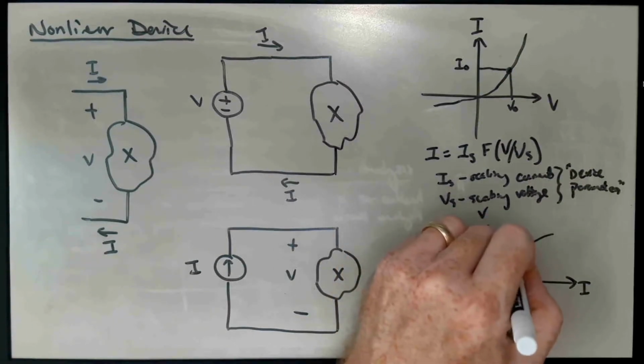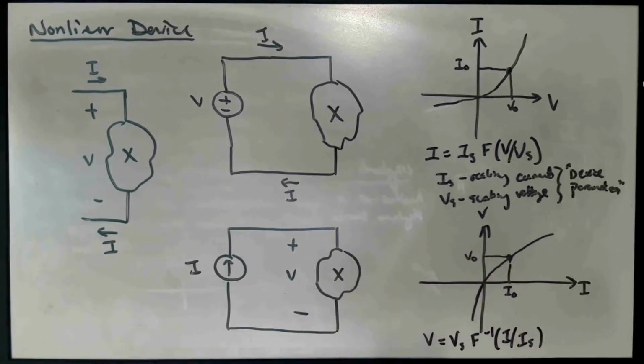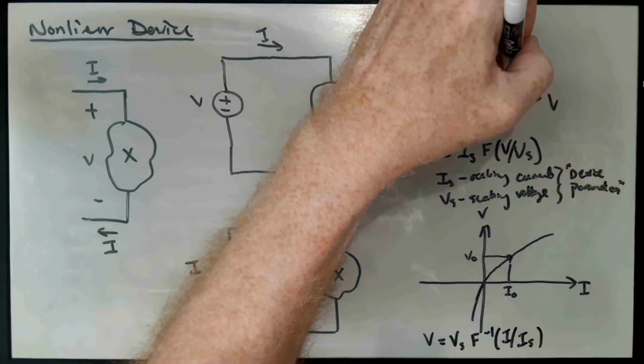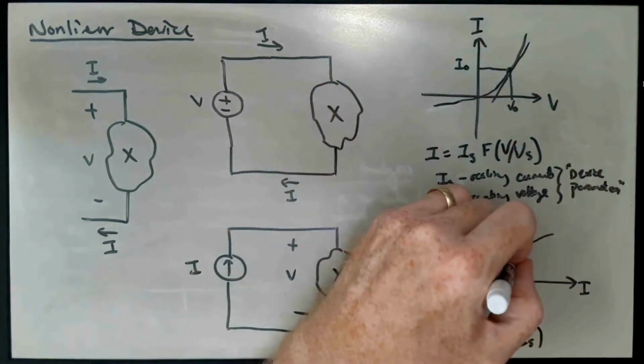So that same operating point lives on this curve. And what we're going to use to characterize this type of device is, like I said, the slope of the tangent line to this characteristic.